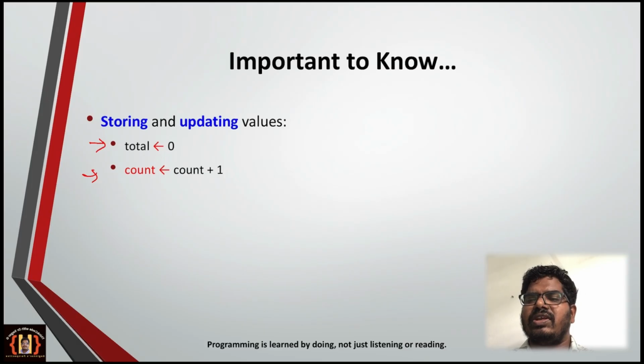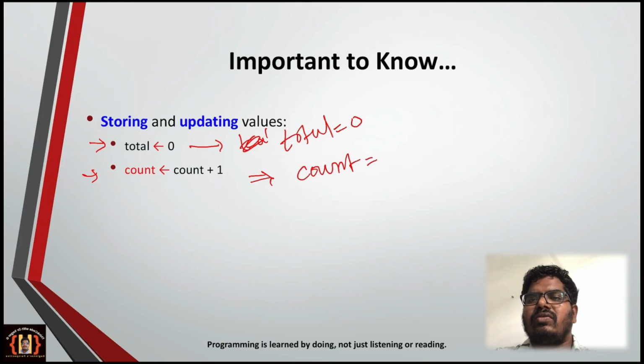When you understand these two, it makes things easy when you deal with programming languages. Total equals 0 and count equals count plus 1. Let us understand this.